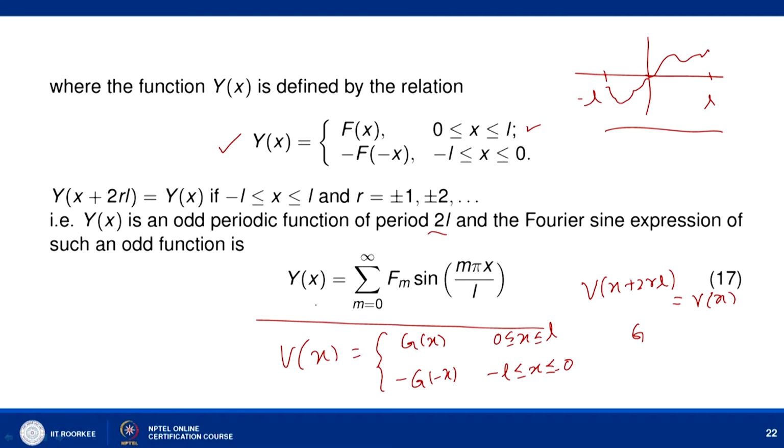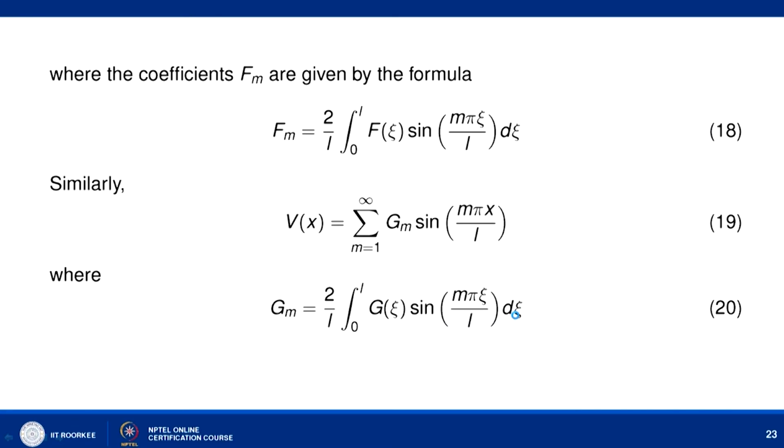And similarly, as y has a Fourier sine expansion, you can define the Fourier sine expansion for v of x also, and we can say that v of x can be written as the sum from m equal to 1 to infinity of gm sin m pi x by L, and here the Fourier coefficients, that is f m and g m, you can find out using the orthogonality property of sine and cosine functions.